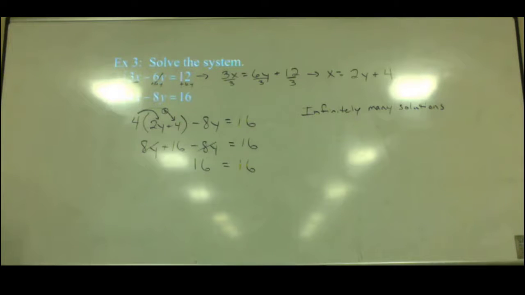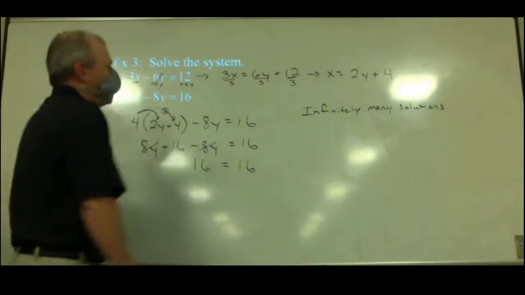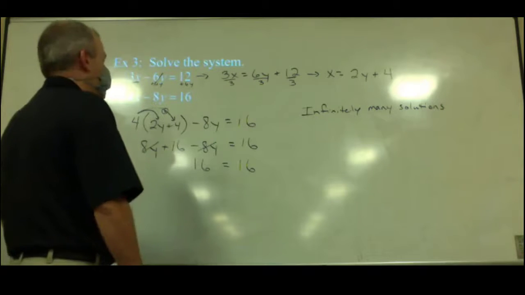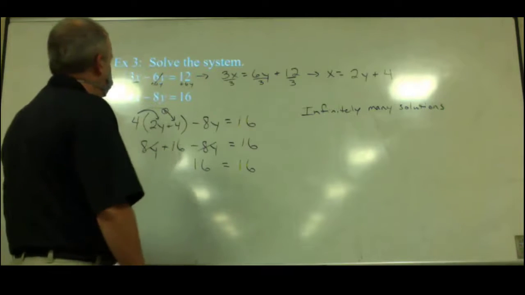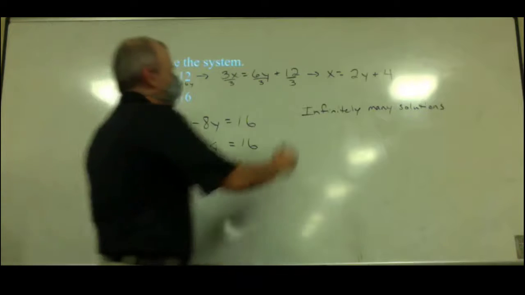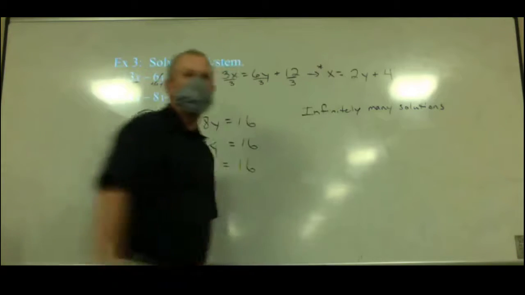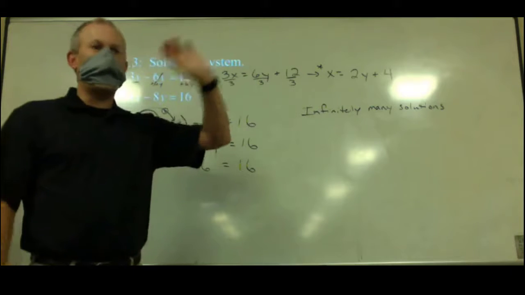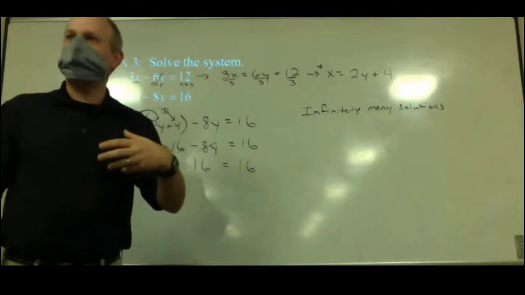But there's infinitely many. So here's how we describe our solutions. Notice we had already solved for the x over here, right? And the x is set up that if you know what y is, you can figure out what x is, correct?